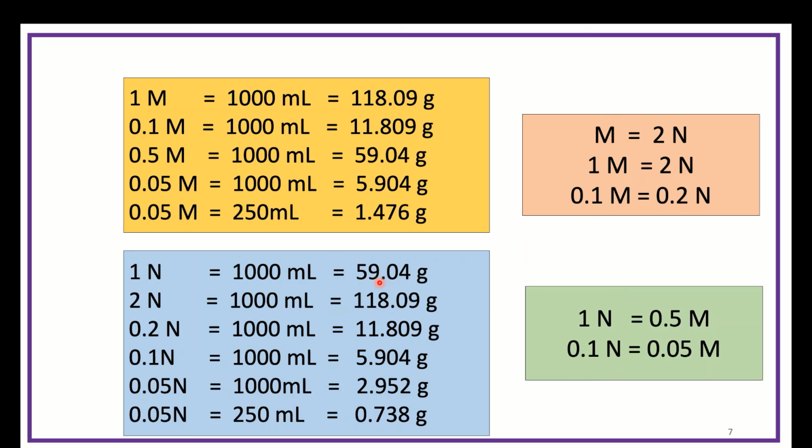So when we take 118 grams in 1 liter, it gives 1 molar, and its normality will be double, that is 2 normal. Whenever we prepare a 1 molar solution of succinic acid, it gives a 2 normal solution. Similarly, a 0.1 molar solution of succinic acid gives 0.2 normal succinic acid.